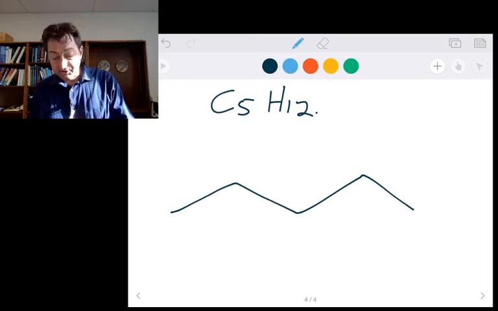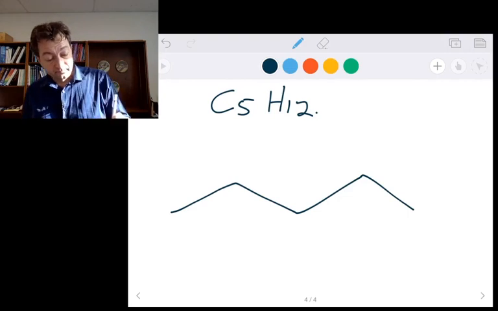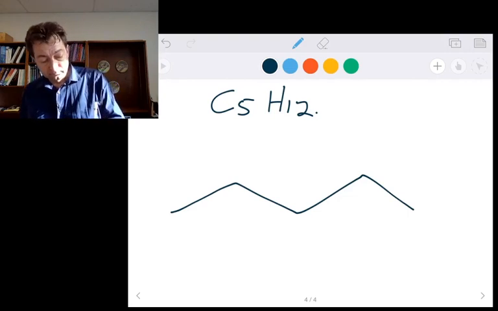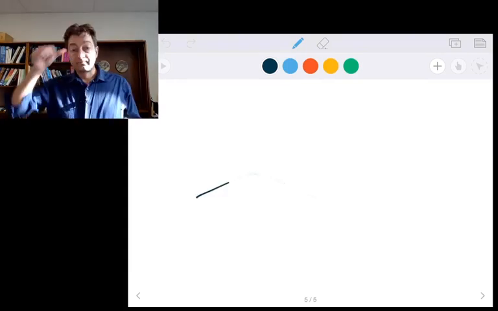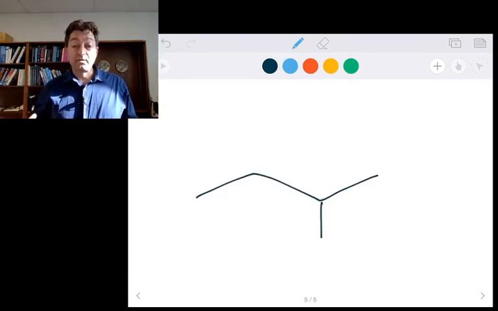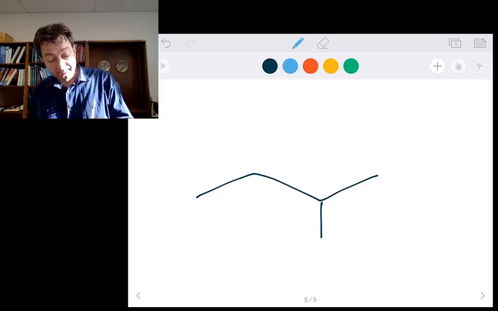Now, I can imagine another connectivity for this particular molecule. We're again just using the line drawing. What I'm showing is that at this point here, I'll just connect that line just to make sure that there's no gap there.